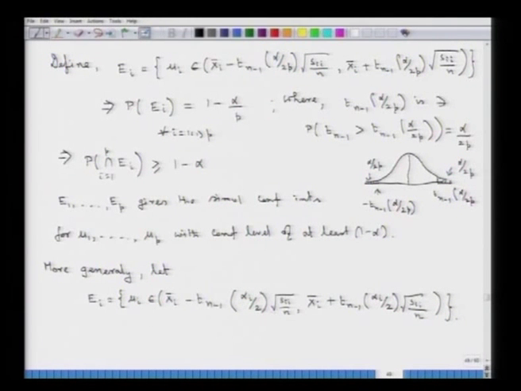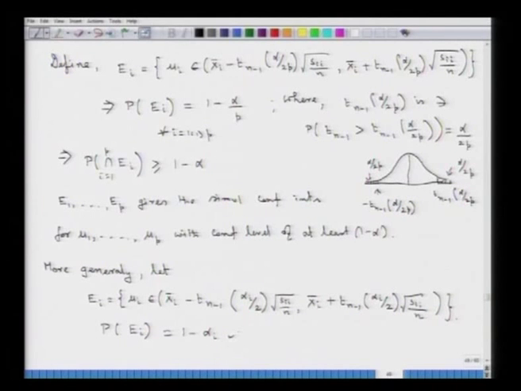Now what is the probability of such E_i terms? Alpha_1, alpha_2, up to alpha_p actually vary with respect to mu_1, mu_2, up to mu_p. So the probability of E_i, by similar logic, would be 1 minus alpha_i, because we have the cutoff point at the upper alpha_i by 2 point on the right, and alpha_i by 2 on the left of minus t_{n-1, alpha_i/2}.